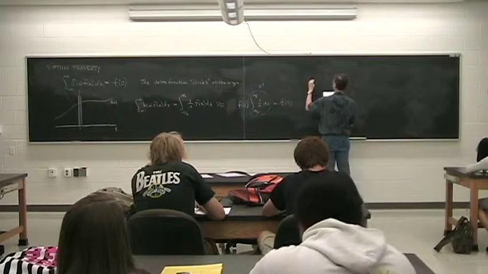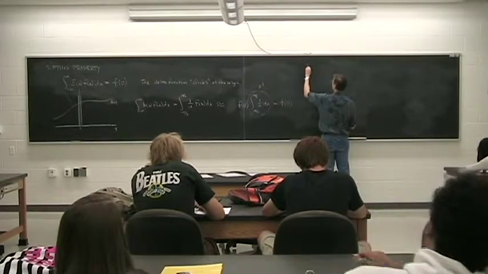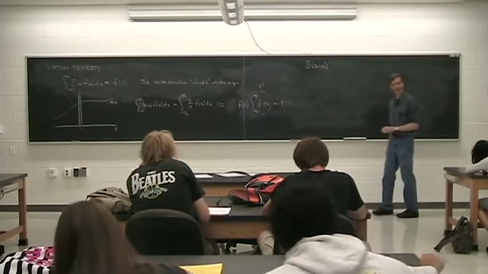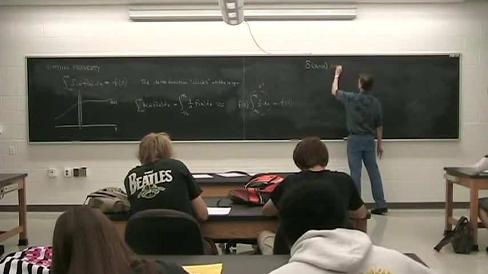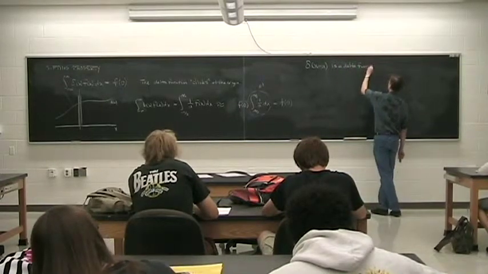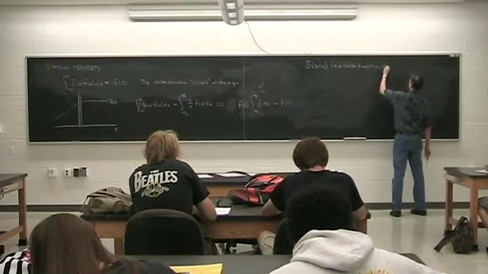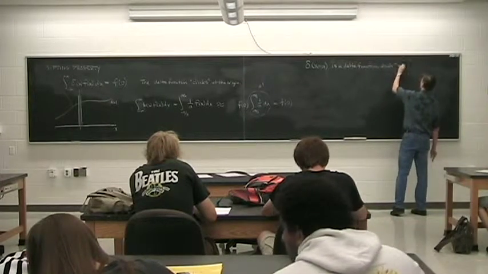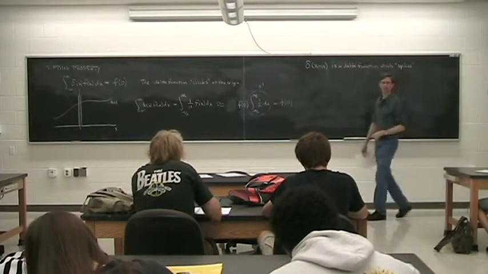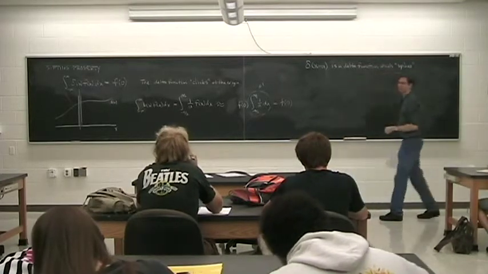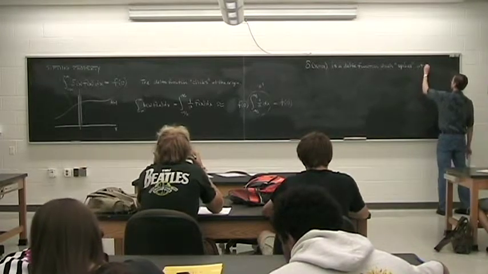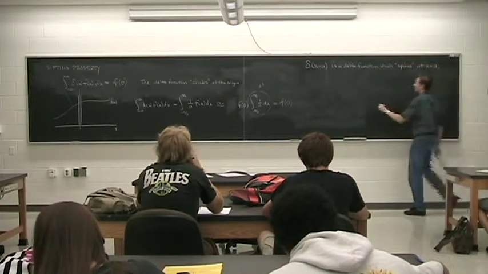And that is to say that delta of x minus a is a delta function which spikes. We call the jump to infinity spiking, and we often call it a delta spike. It spikes at x equals a instead of at the origin.